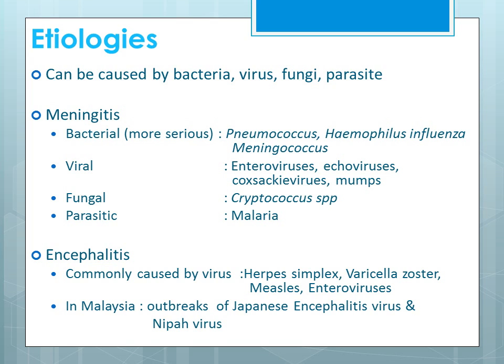Common bacterial causes of meningitis include Streptococcus pneumoniae, Neisseria meningitidis and Haemophilus influenzae. Examples of viral causes of meningitis include enteroviruses, echoviruses, coxsackieviruses and mumps. Fungal meningitis can be caused by Cryptococcus, whereas malaria is an example of a parasite which can lead to meningitis.